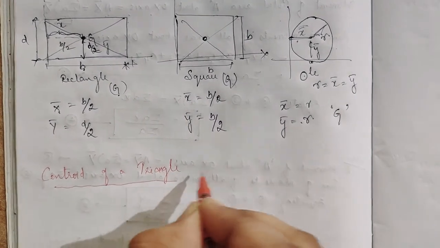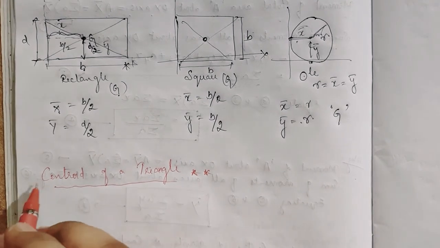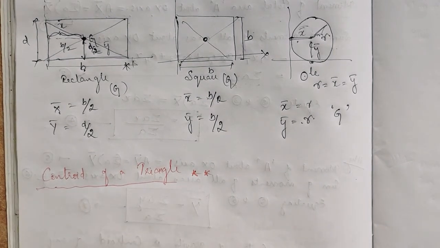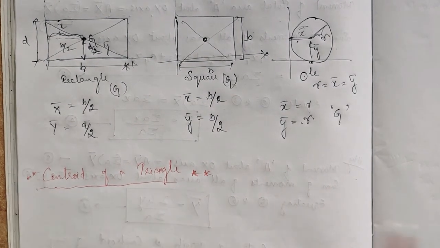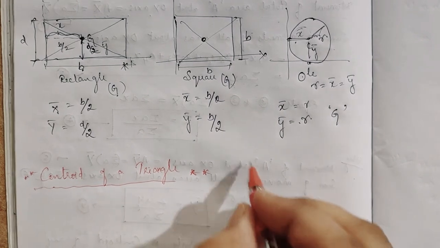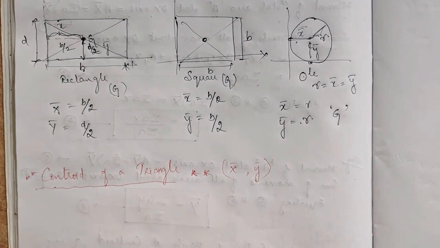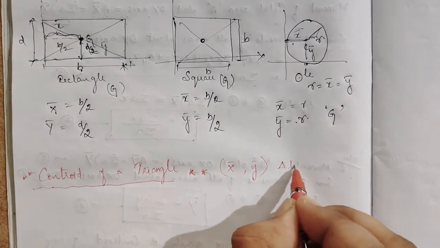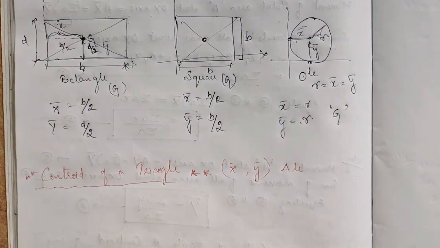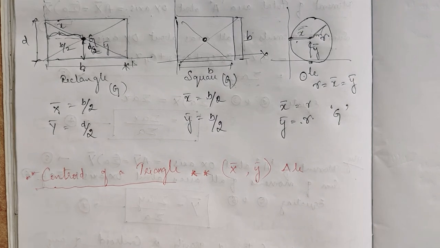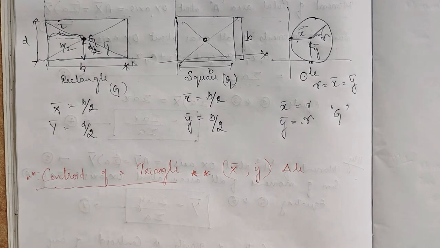Okay, very important from the exam point of view. Every alternate year you will have a question. We have to find the x bar and y bar for the triangle. They ask: please find the centroid of a triangle.